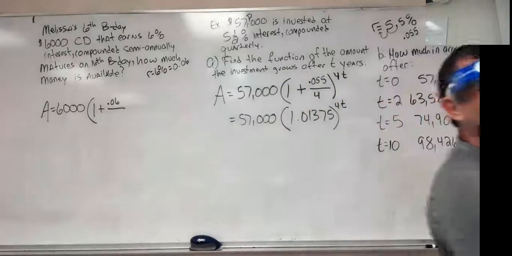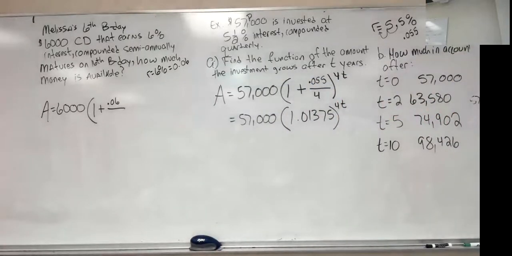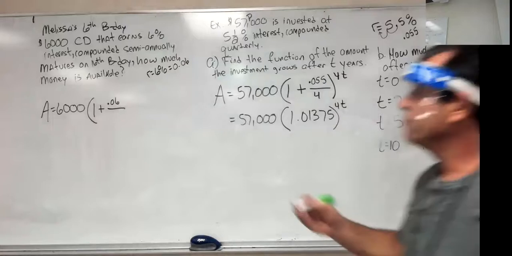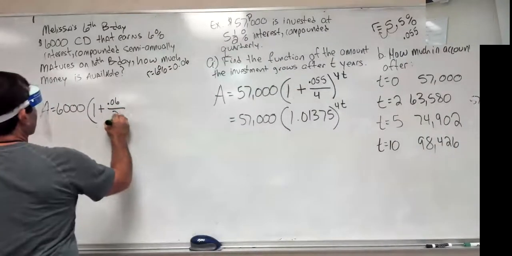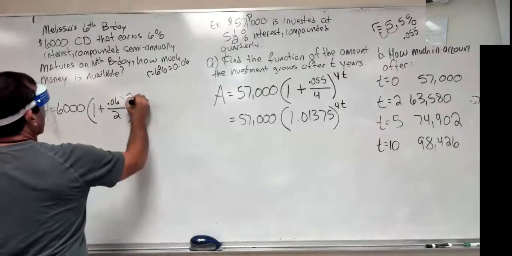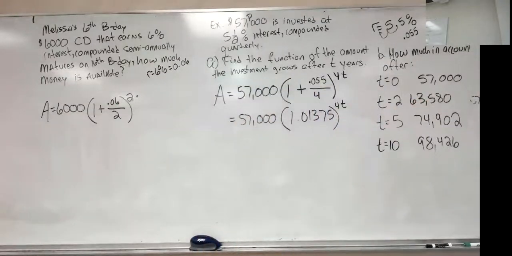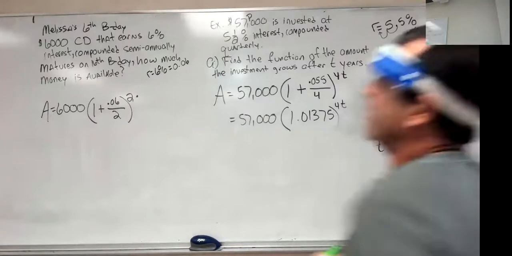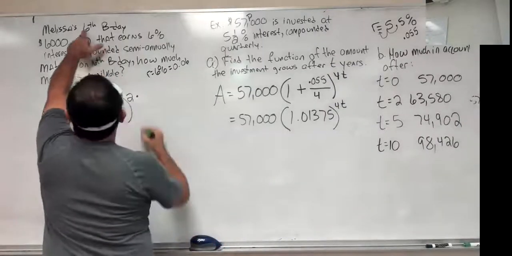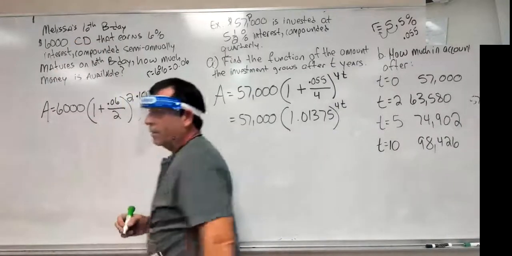So N is semi-annually, which is 2, so that'll be 2 for the exponent times whatever my T is. Since you got it on her 6th birthday, and it matured on her 16th birthday, the 16 minus 6 will give me 10 years.